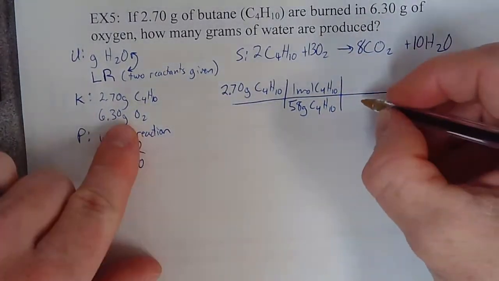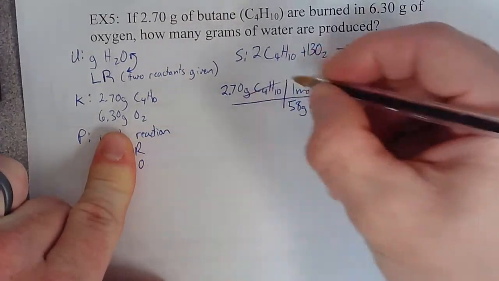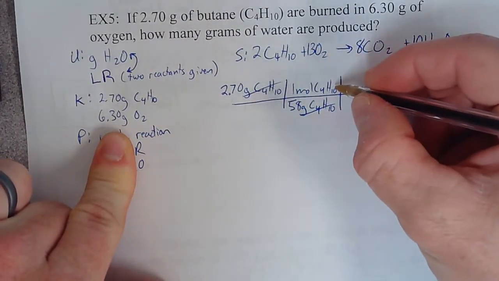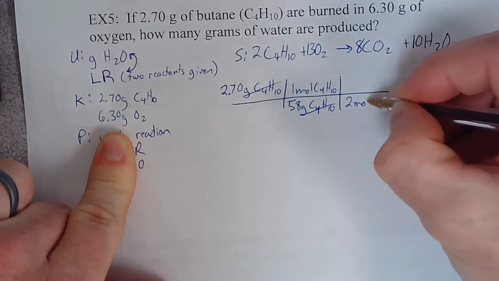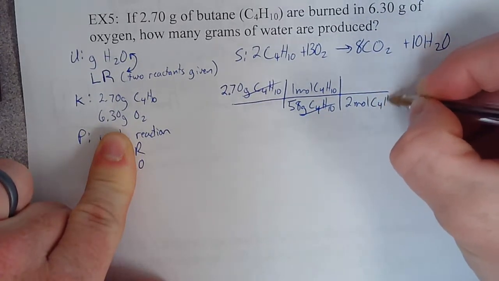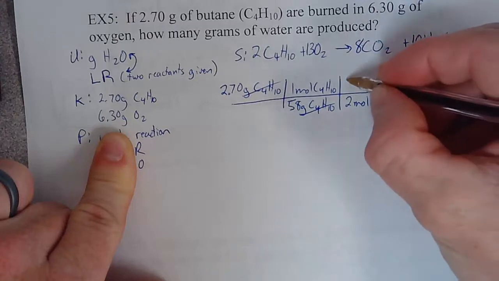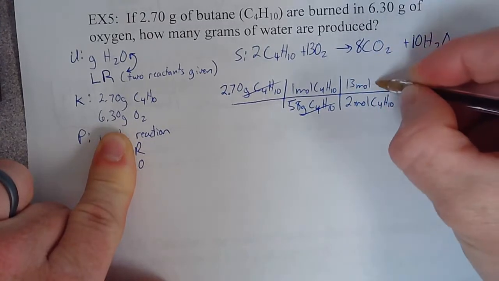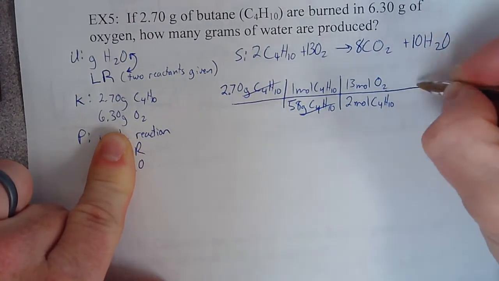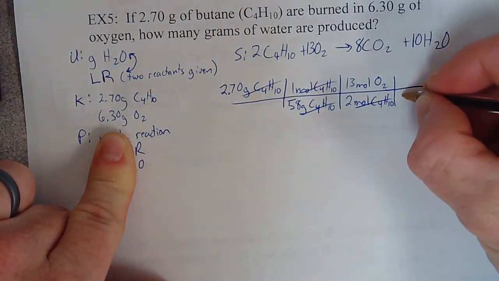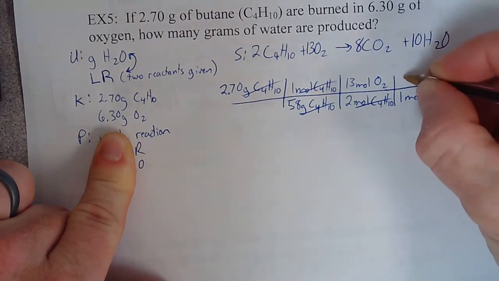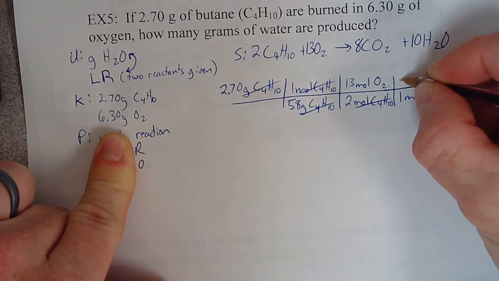All right, now I'm going to use the mole to mole ratio to go from moles of butane to moles of oxygen. The reaction says that 2 moles of butane go with 13 moles of oxygen. So moles of butane cancel out. And then one more step will get me from moles of oxygen to grams of oxygen.